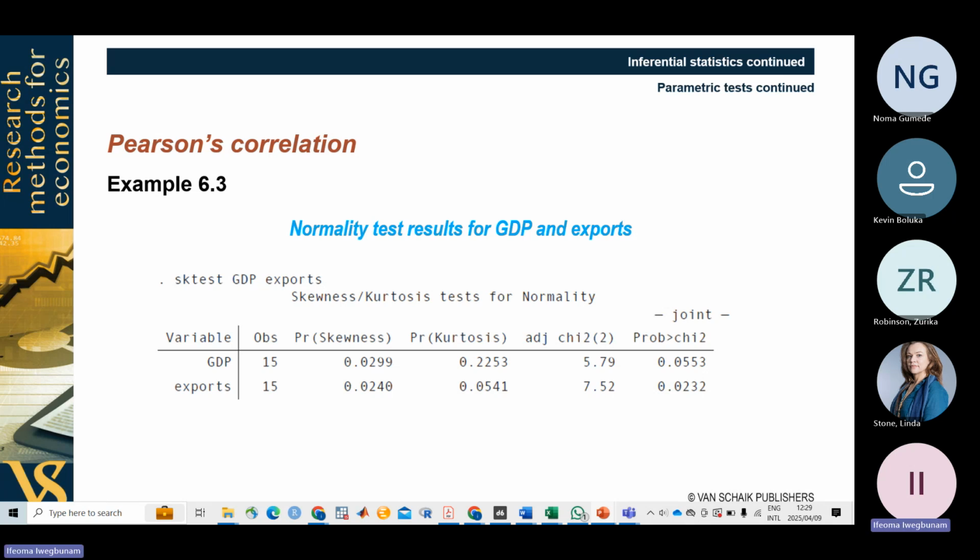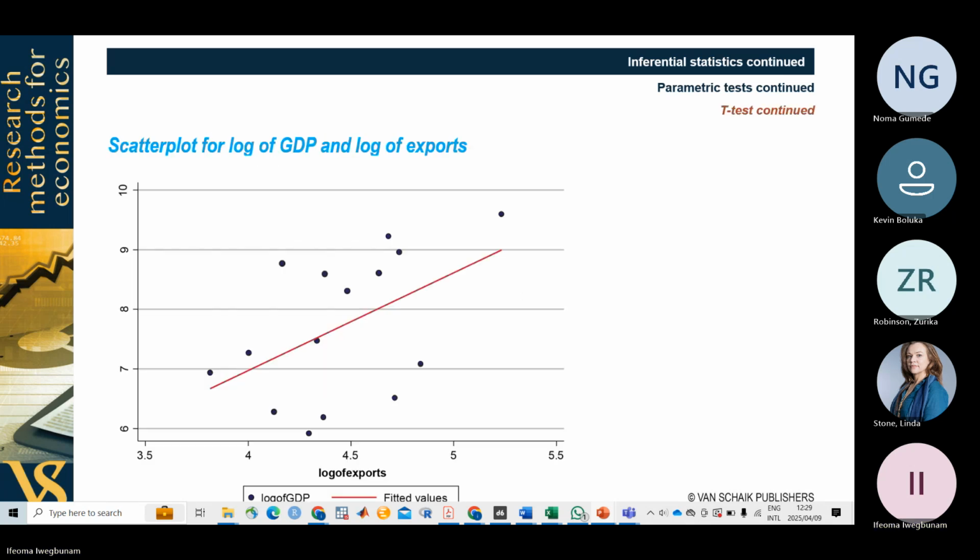looking at the results, one will see that there is a positive relationship that exists between GDP and exports in this given sample. Then there is a scatter plot of the GDP and log of exports.